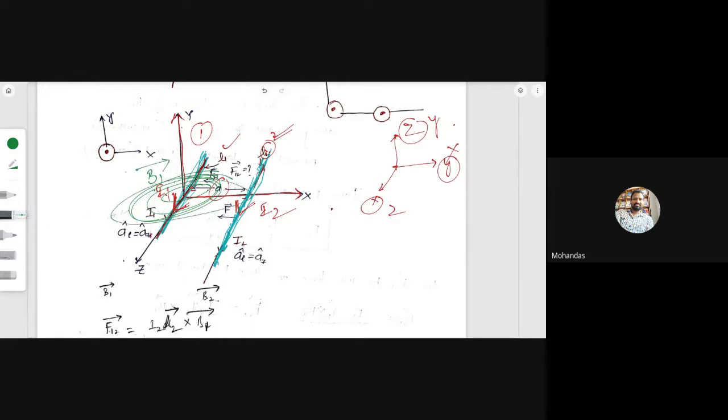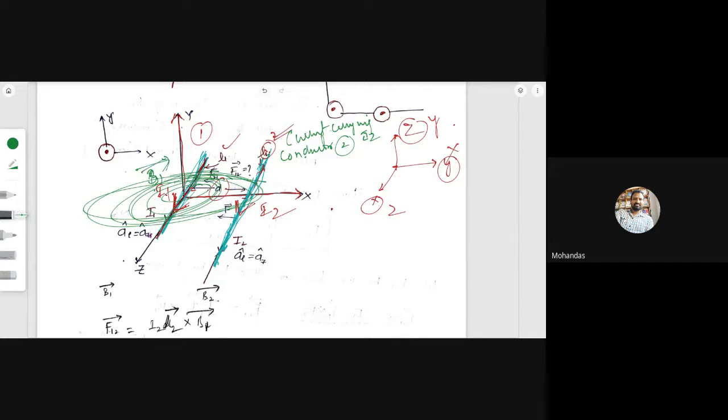So this magnetic field will be like this, and this is conductor 2. This current carrying conductor, with current I2, is placed in the magnetic field B1.